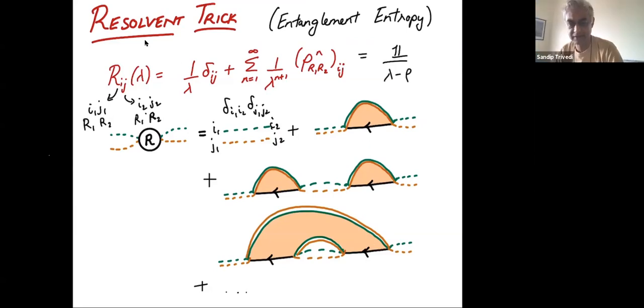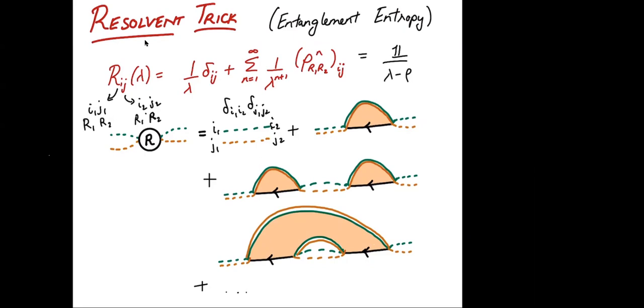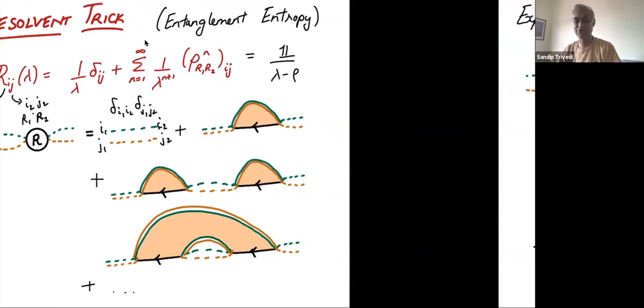Exactly. Wouldn't your discontinuity be the density of eigenvalues of rho at lambda? That's right. That's exactly correct. The spectrum of rho. Right.